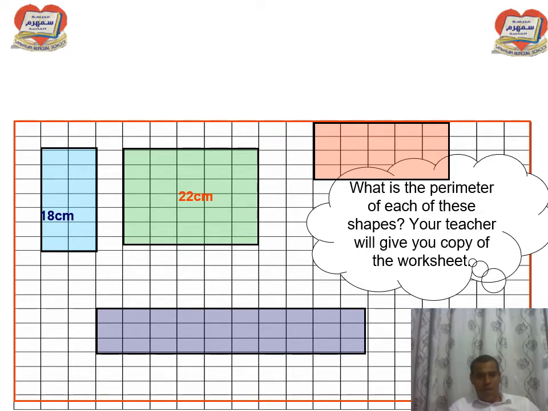So 5 plus 5, my learners, is 10. 10 plus 6 is 16. Plus 6 gives 22 centimeter.